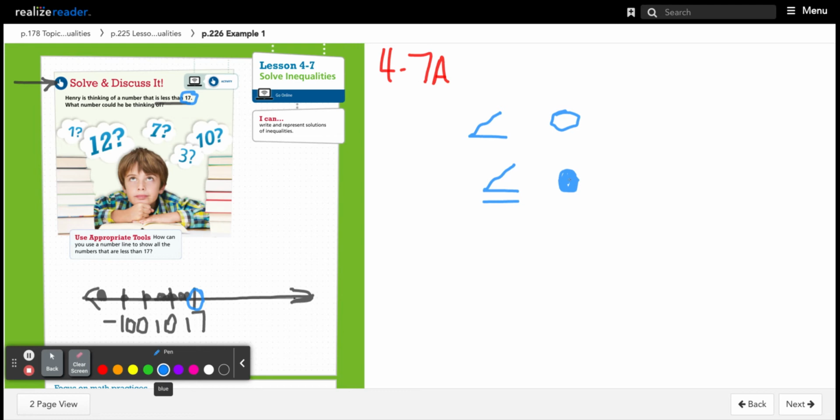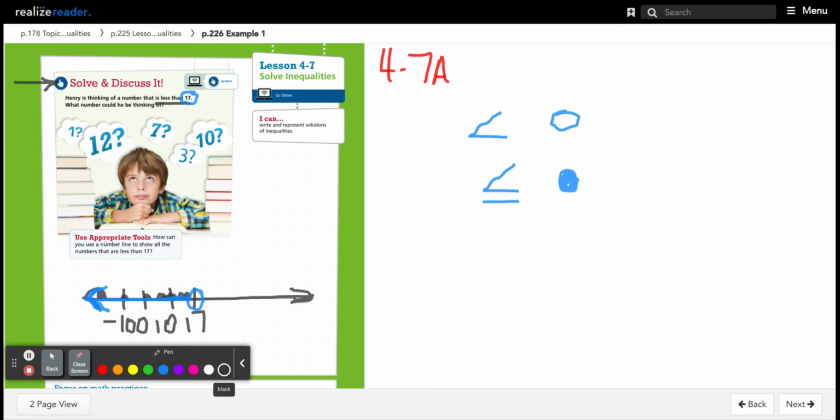And now we want to represent all numbers less than 17. Well, all numbers less than 17 will be moving left on the number line. So I just represent my graph by making a straight shaded line to the left of 17. And that shows me that Henry could be thinking of any number less than 17, but not including 17.